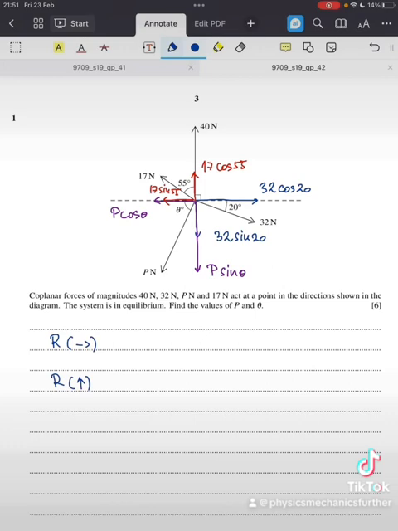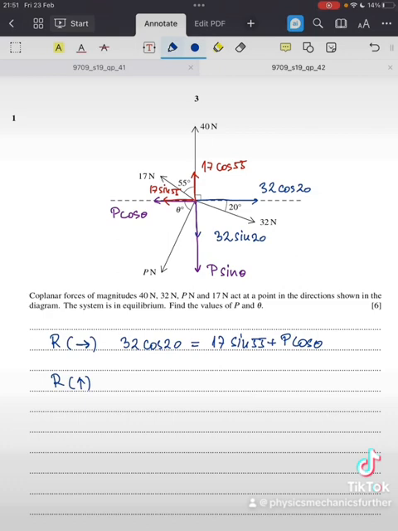So resolving forces horizontally means that the resultant force horizontally is 0, which means the sum of the forces acting to the right is equal to the sum of the forces acting to the left. So we have 32 cos 20 equal to 17 sin 55 plus P cos theta.